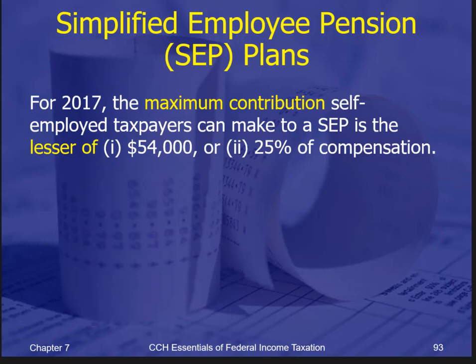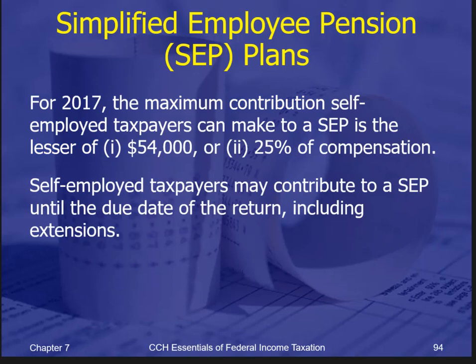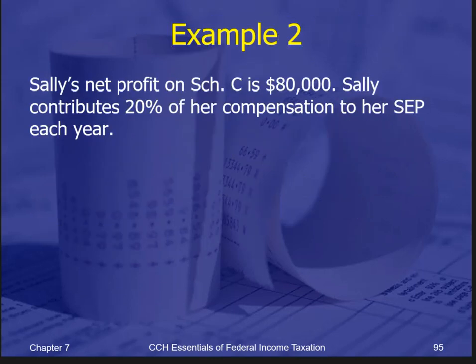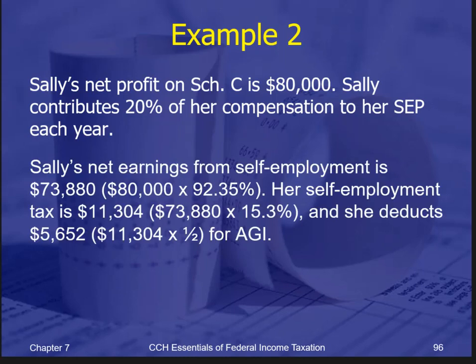Okay, SEP has a similar maximum. All right, you have a due date of return to put money in, but SEP plans make it so that you have to put in for all your employees too, if you have any. All right, same kind of concept in terms of how you calculate how much you can put in.